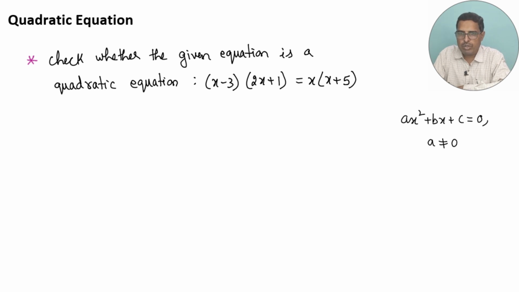So let us try to simplify this and express it in the form ax² + bx + c = 0. Since you have (x − 3) times (2x + 1), first let me multiply this x with the whole 2x + 1.